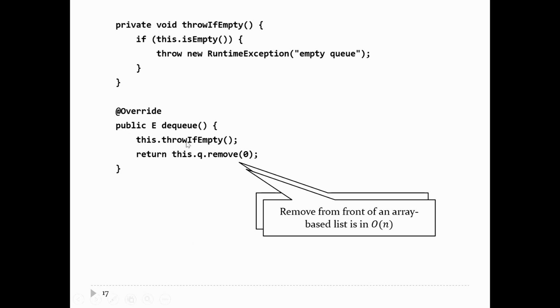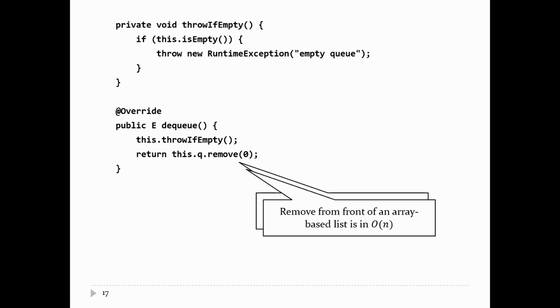If the queue is empty, I'm going to throw an exception. I've got a little validation method here that's private. It does nothing but test if the queue is empty and throw an exception if it is. Otherwise, remove the first element from the list and return the removed element.